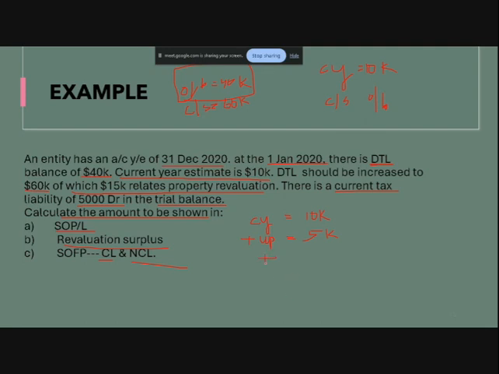Since it's positive, we will add 5,000. So what will be our tax expense? 20K. This amount we will show in SOPL as an expense.